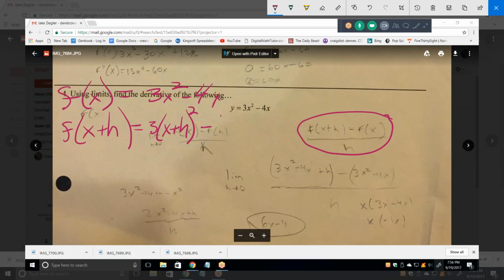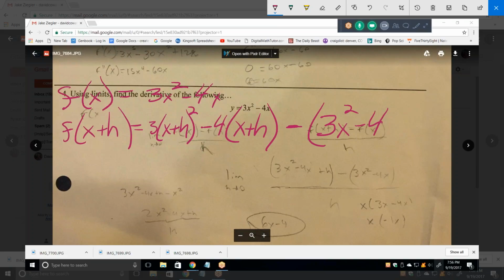And you just have to do the math now. Here's what we have: f of x plus h, minus f of x in parentheses, because we're subtracting all of f of x, not just the 3x squared.